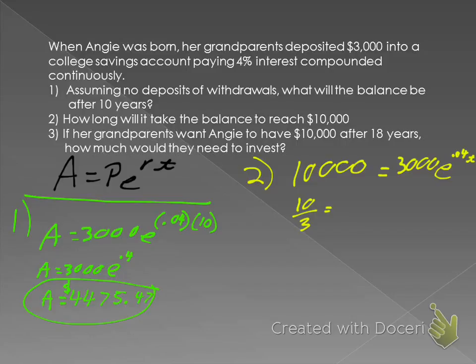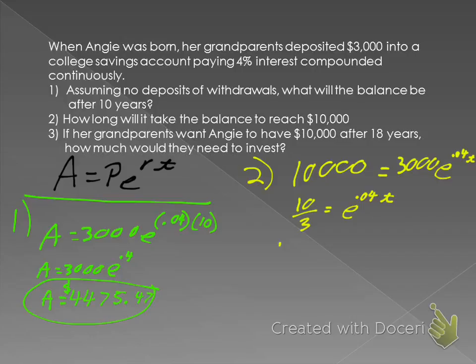Equals E to the 0.04 T power. Now that you have your E isolated, you take the natural log.